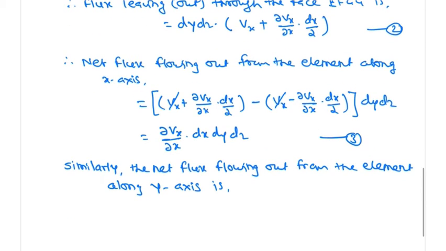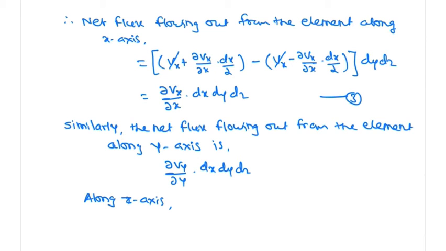That term is ∂Vy/∂y times the volume element, which is the same dx dy dz. Similarly along the z-axis, what is the net flux flowing out along the z-axis? That term is ∂Vz/∂z times dx dy dz.